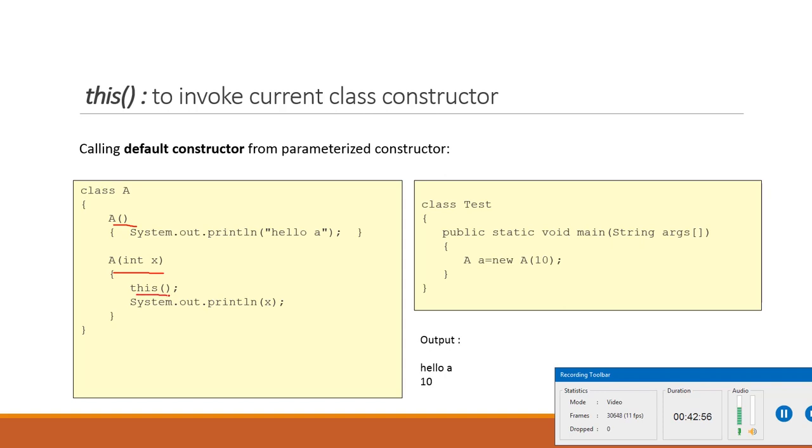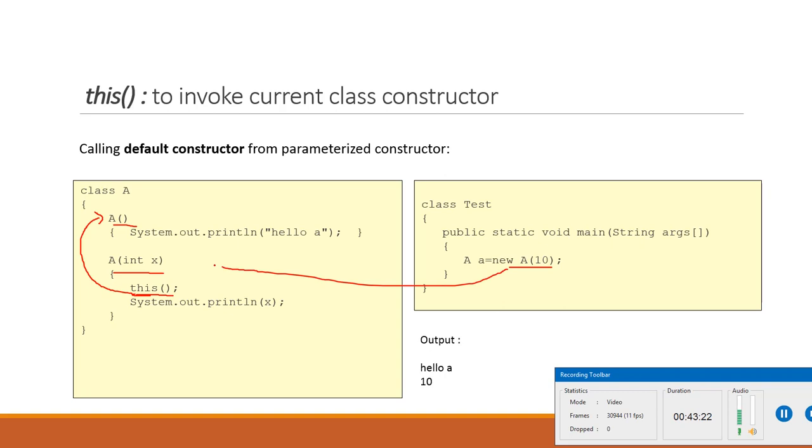So when I write this statement inside the constructor, this will call the parameterless constructor of the same class. So this keyword is also used to invoke the current class constructor. In this case, for example, A is equals to new A(10). That means we are calling the parameterized constructor.